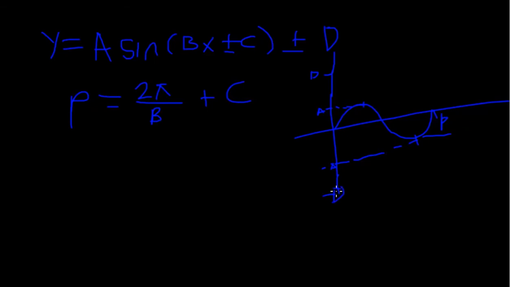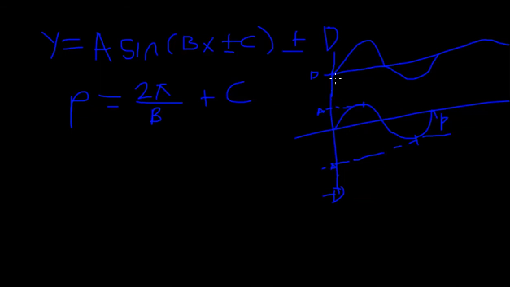So if d is positive, I'm going to draw a line here. The reason why d is called shift is because it will make this graph shift up. Instead of starting at 0, it will start at d.